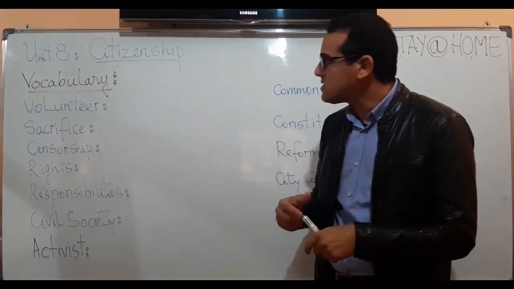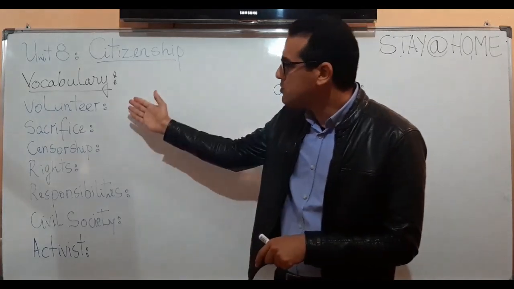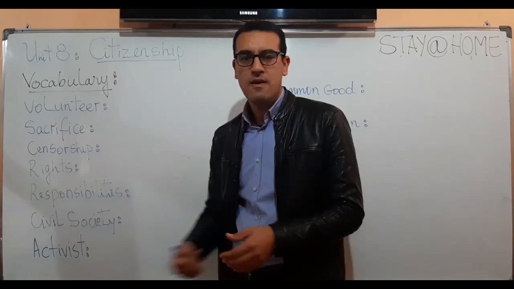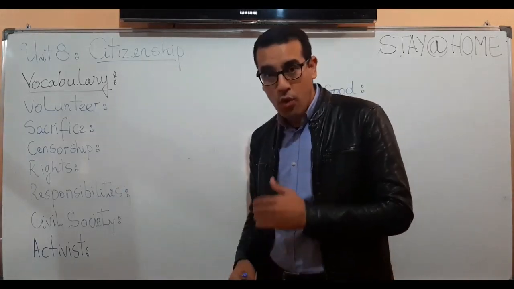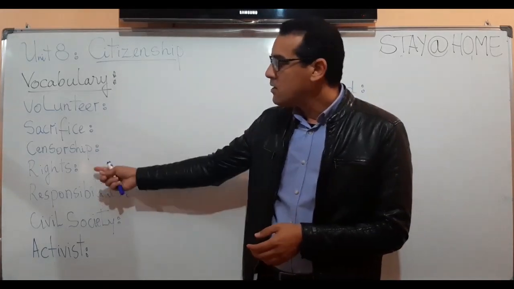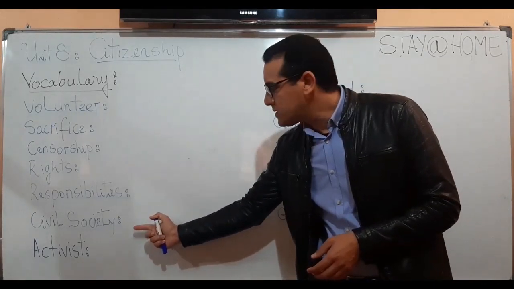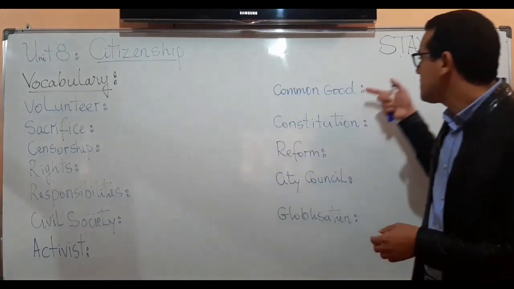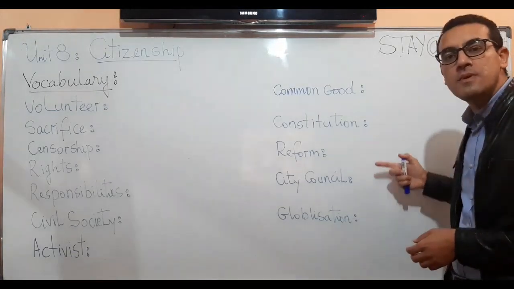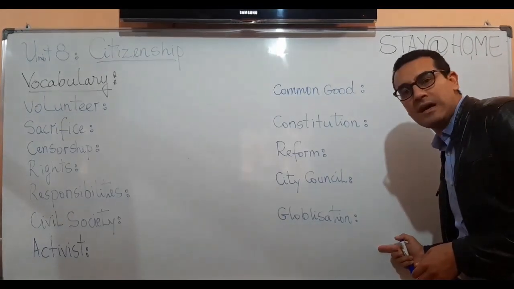Today we're going to move to a new skill and a new section in the baccalaureate programs. We're going to talk about vocabulary and work on a few words. We're going to explain all these words. The first word is volunteer, to volunteer or a volunteer, sacrifice, censorship, rights, responsibilities, civil society, activist, common good, constitution, reform, city council, and last but not least, globalization.